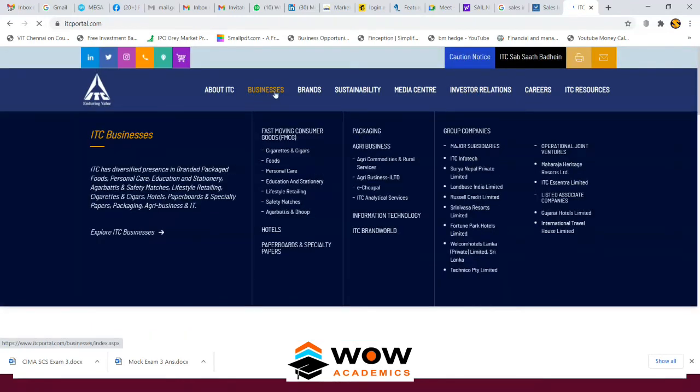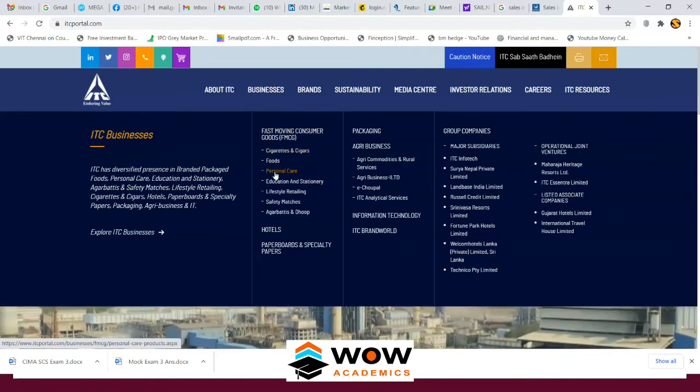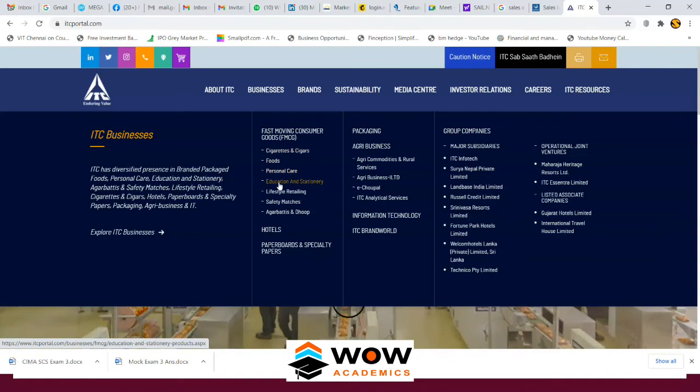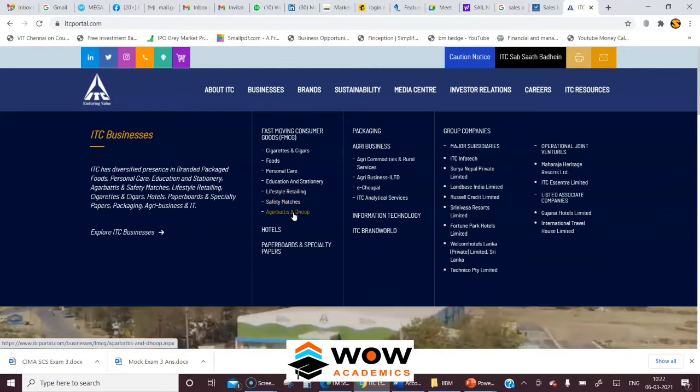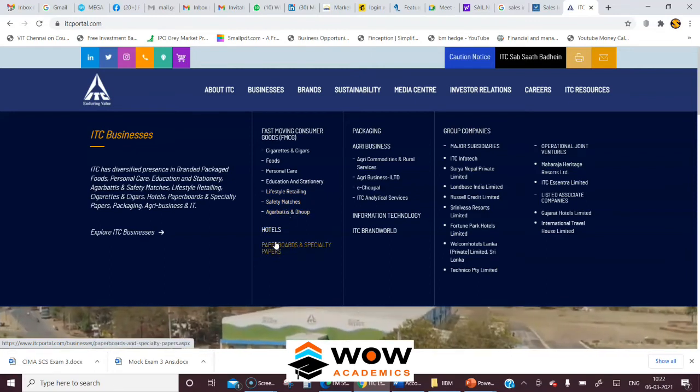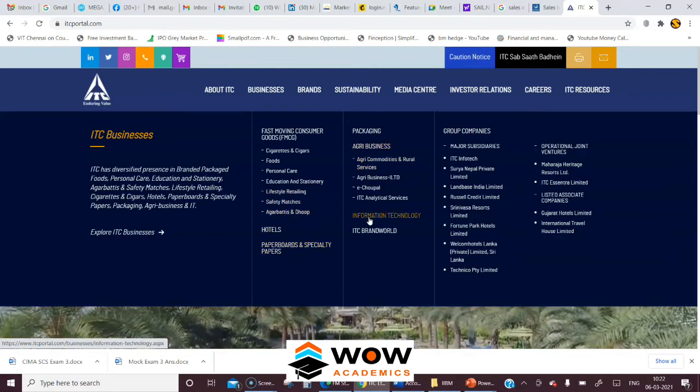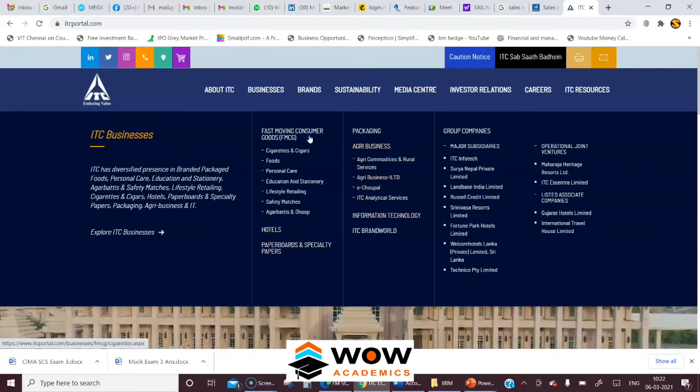Look at their business. They are into cigarettes, foods, personal care, education and stationery, lifestyle retailing, matchsticks, safety matches, agarbattis. They are also into hotels, paperboards, packing, agri, IT. So they are into so many divisions.